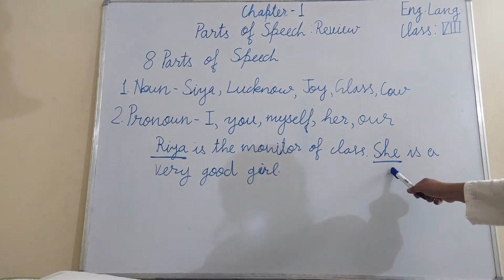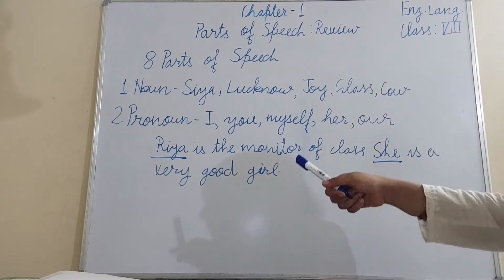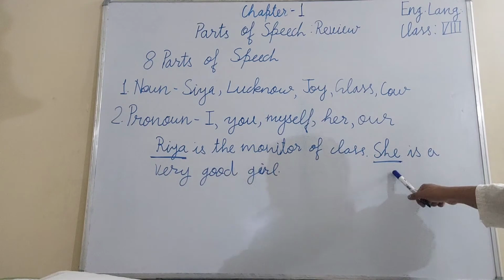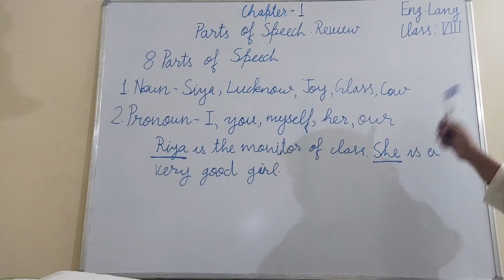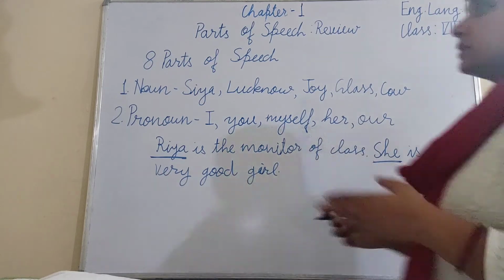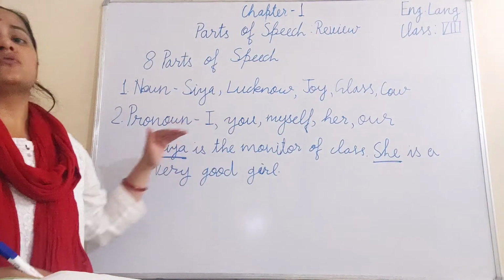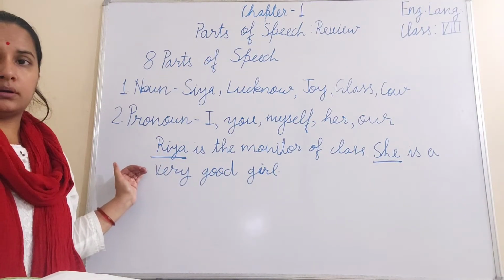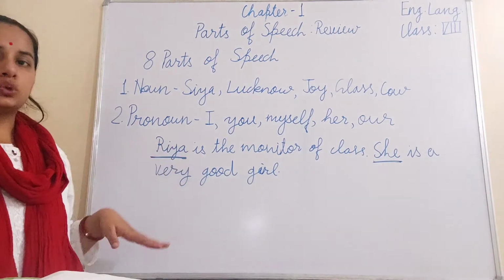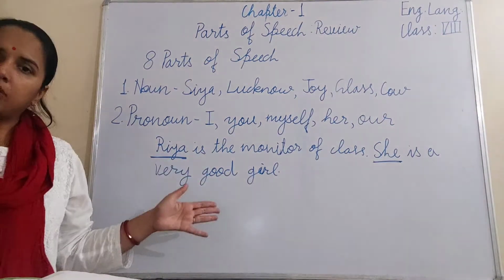Ria is noun and she is the pronoun. The word she is used for Ria only. So, in this way you can see the word she is used for the noun. So, the words which are used in place of noun are known as the pronouns.